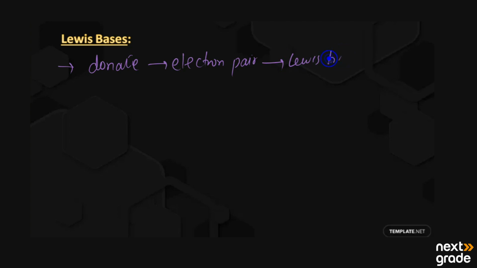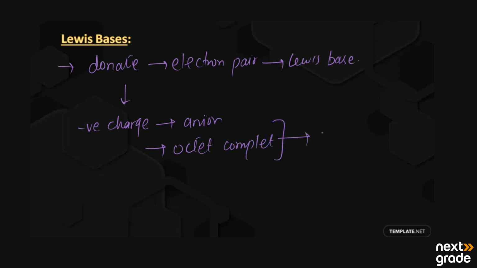Basically, these substances have a negative charge, and negatively charged species are known as anions, and substances whose octet is complete will act like a Lewis base.